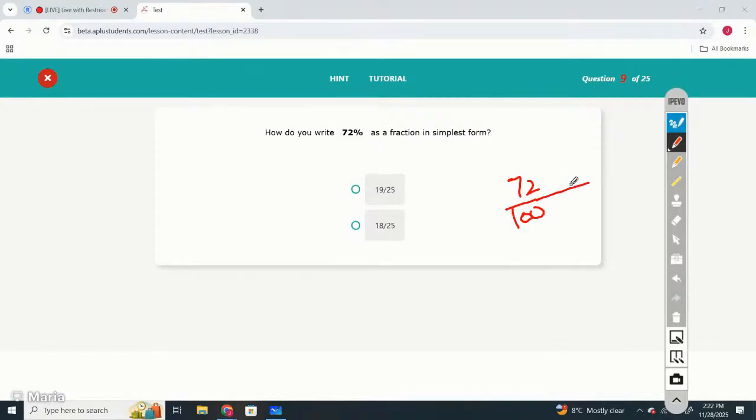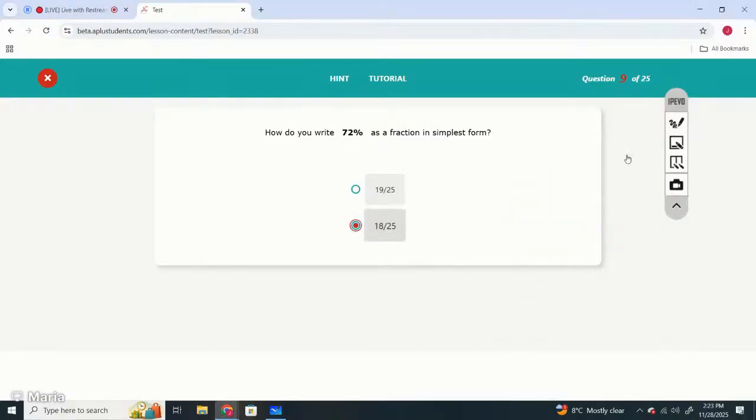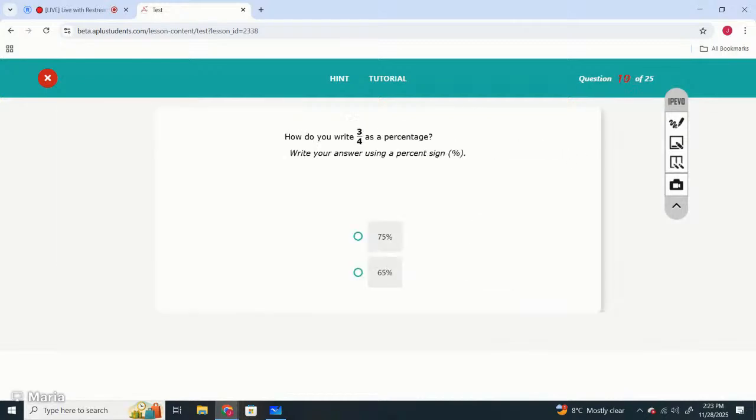So write the answer in simplest form. So we need to divide by the greatest common factor. 4 times 18 is 72, and 4 times 25 is 100, so 18 over 25. 18 over 25 it is. The correct option is option number 2, that is 18 by 25.